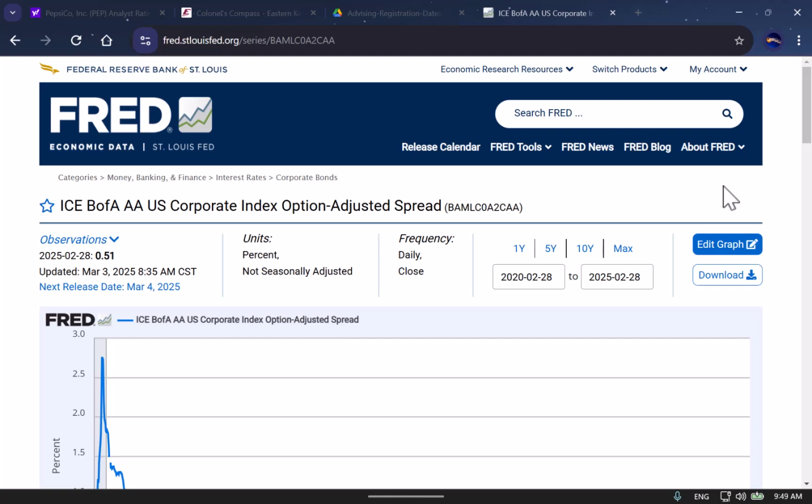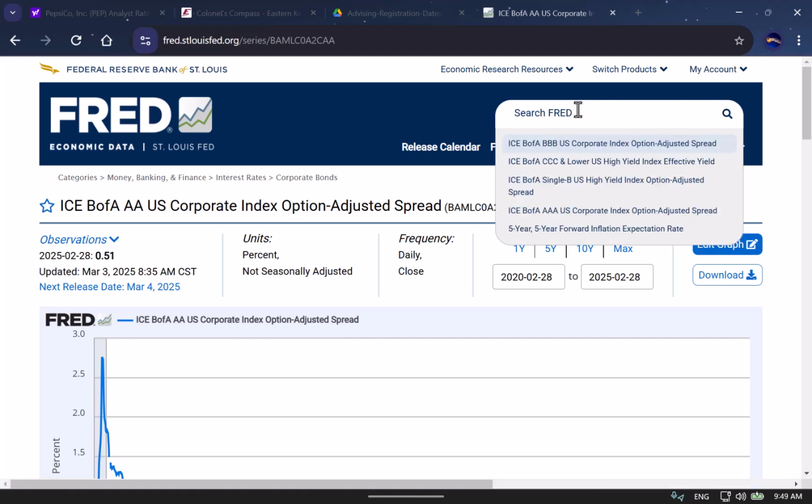So if you're holding bonds of relatively less reputable companies in terms of debt, and your perception of risk has gone up. I mean, even with AAA, let's look at this is double A. Let's look at the AAA. Option adjusted spread.